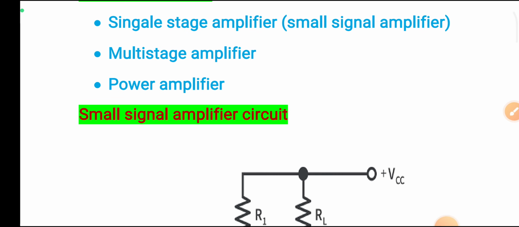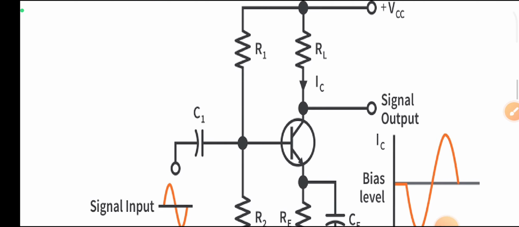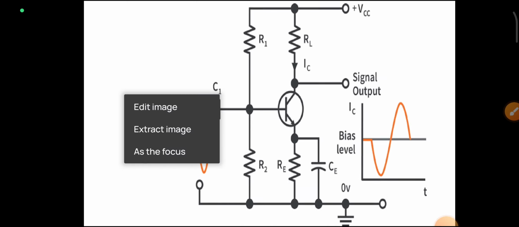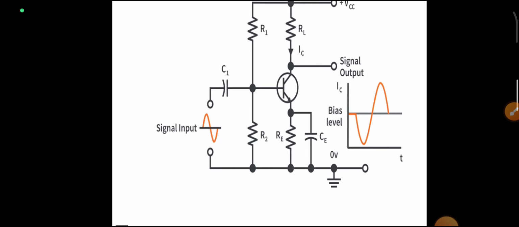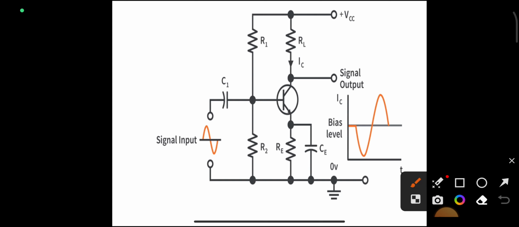Next, the small signal amplifier circuit. This is the small signal amplifier circuit. You can see this is the input signal and this is the output signal. The height of the input signal is very small, and this is the output signal height.